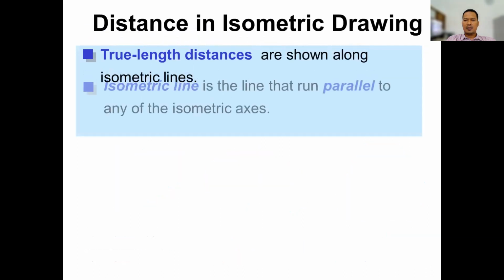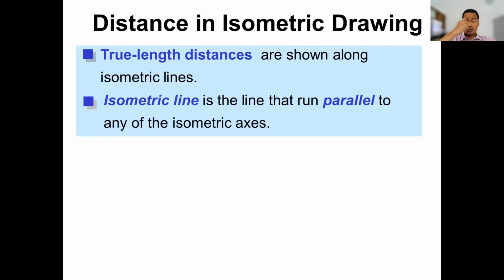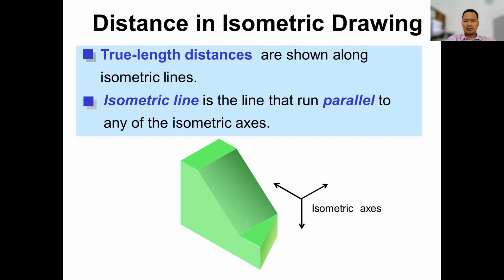And then distance in isometric drawing. The true length distances are shown along isometric lines. An isometric line is a line that runs parallel to any of the isometric axes. For example, we have the isometric axes like this.